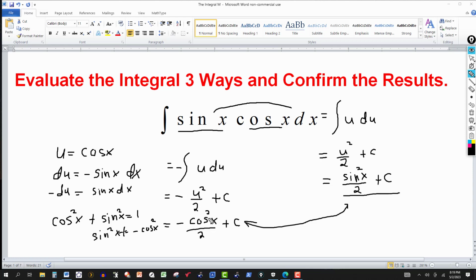So this minus cosine squared x can be replaced by sine squared x minus 1, over 2. But if we break this up, this can be written as sine squared x over 2 minus 1/2. So if I do it that way, put the minus 1/2 over here. And of course, this is just a constant, so that can be absorbed with the c. And that's one way to verify it.